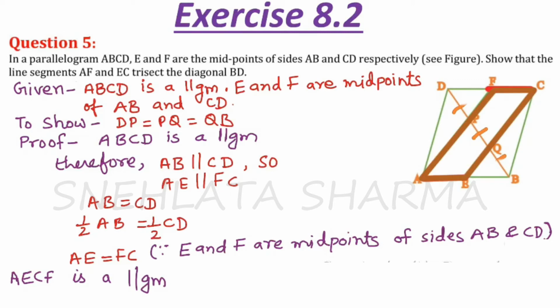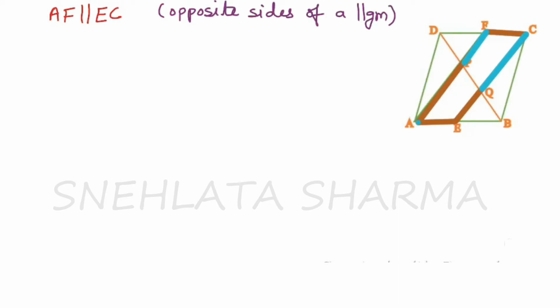Now since AECF is parallelogram, it means this side and this side are parallel. Similarly, this side and this side are also parallel. Now we will consider this triangle DQC. Let's do that. In triangle DQC, we have AF is parallel to EC because opposite sides of a parallelogram are parallel. Also, a part of AF and a part of EC will also be parallel.